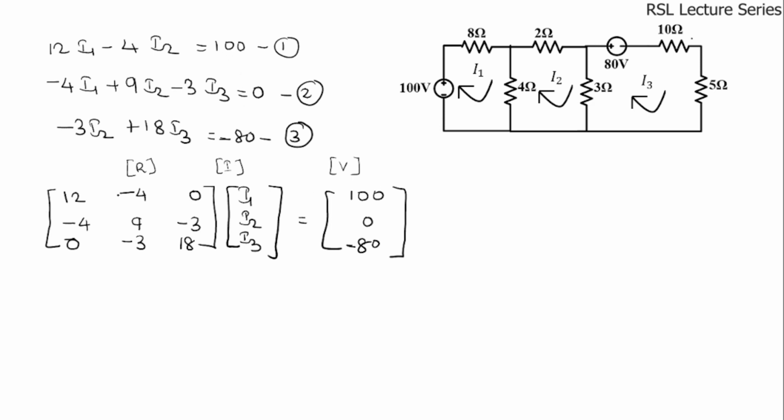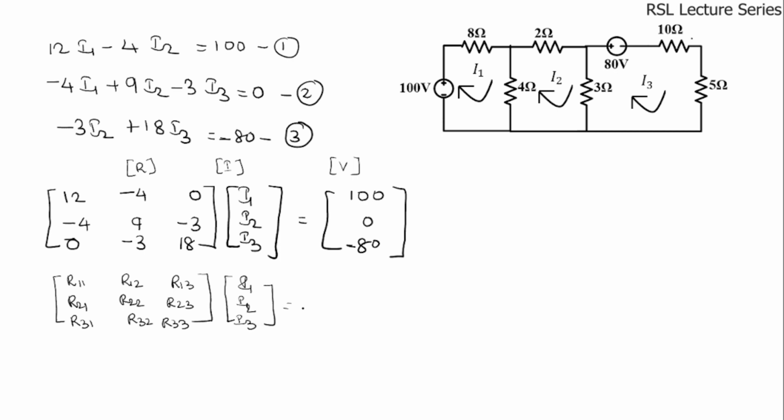The general form of this resistance matrix is R11, R12, R13, R21, R22, R23, similarly R31, R32 and R33, multiplied by the unknown currents I1, I2, I3, equal to voltages V1, V2, V3.